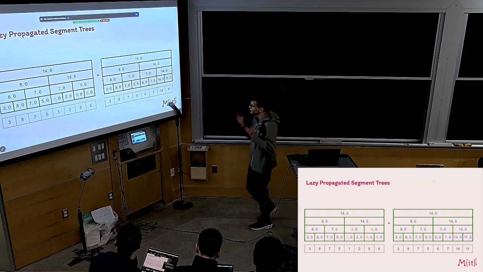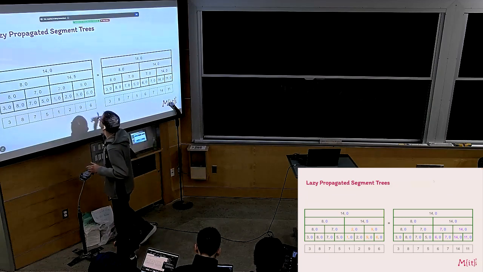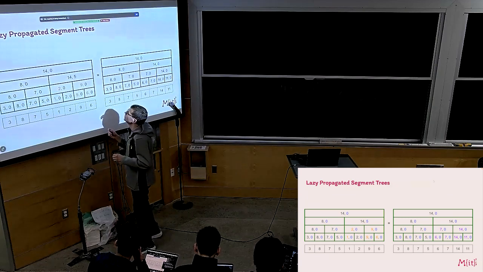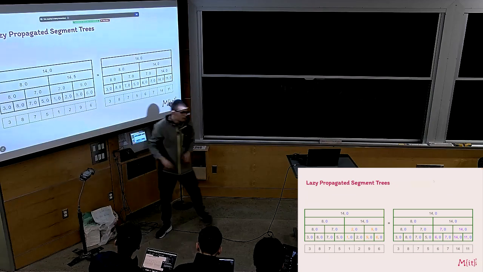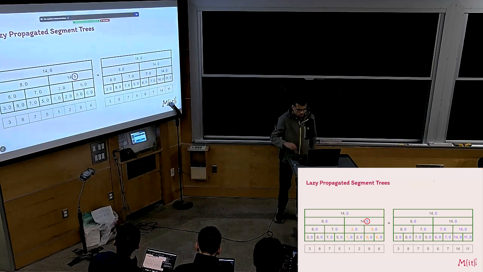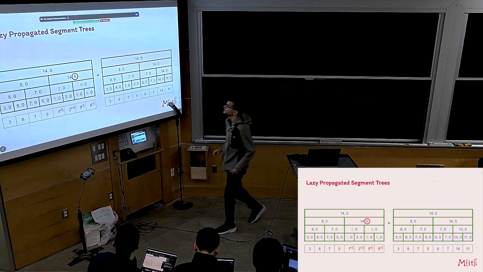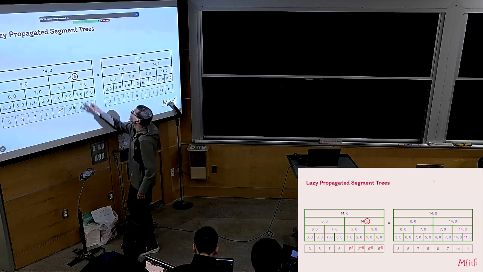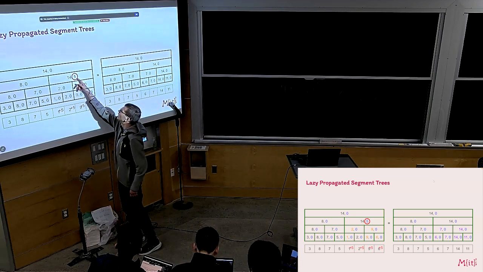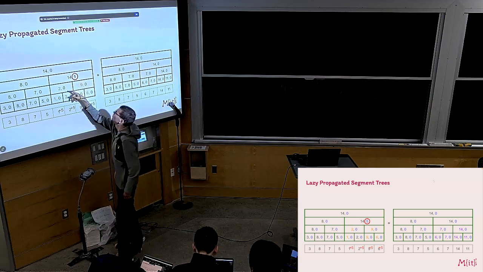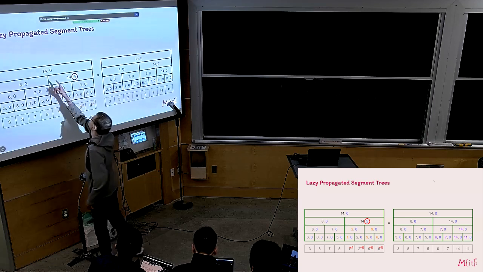So what I mean by that is, for example, let's say we start with this array, and then we want to increase all of these values by 5. Then what we might do is give this segment a lazy value of 5, and also recompute the actual value of this segment and its parent.